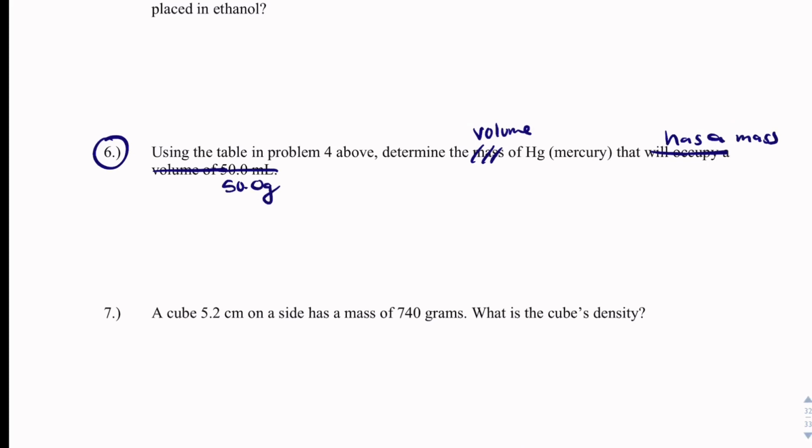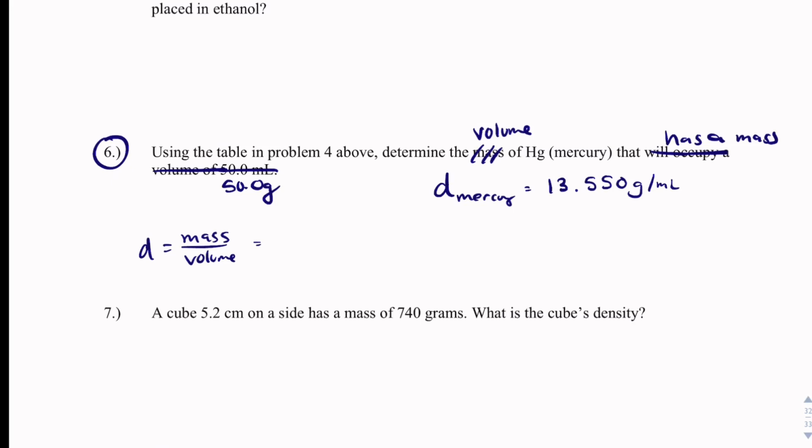So let's use a table. When I flip back to the table, the density of mercury is 13.5 grams per milliliter. Density is equal to mass over volume.